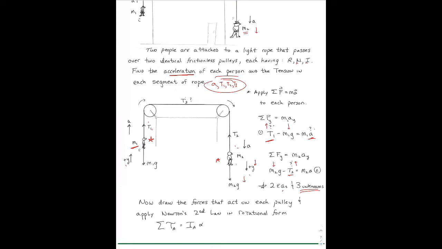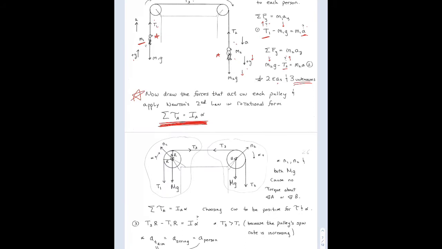So here is where we deviate from the earlier chapter, because now we have Newton's second law for rotational motion. We draw the forces that act on each pulley and apply F equal ma in rotational form. So I drew the forces on each pulley.